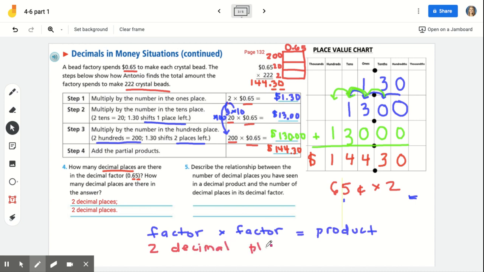So one of the factors has always had 2 decimal places for these money problems, and then we're multiplying it by a whole number for each of these situations. And we have been seeing that our answers or our products always have how many decimal places in the number? Especially this one on my screen. Yep, the product has always had 2 decimal places.